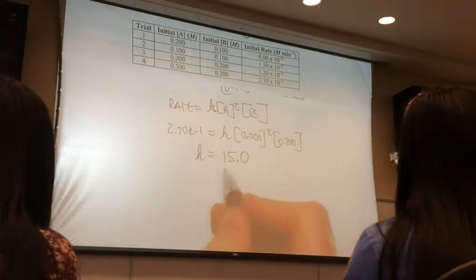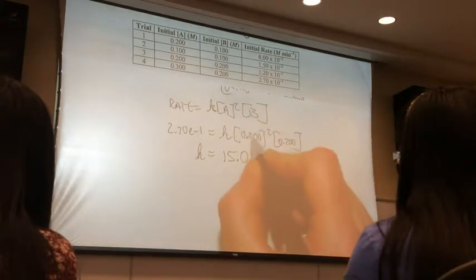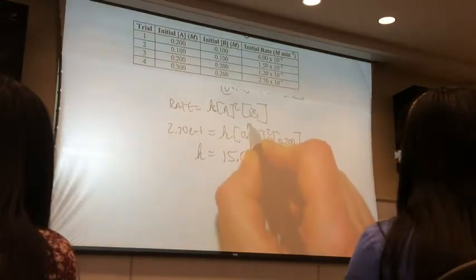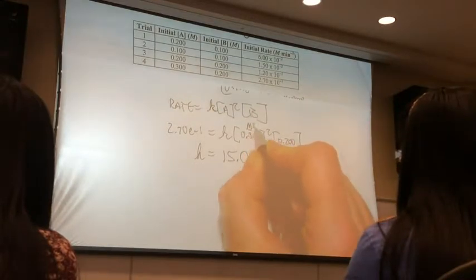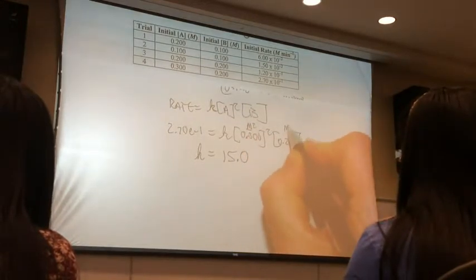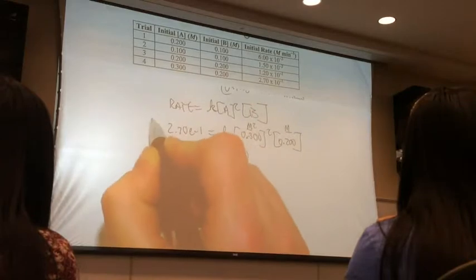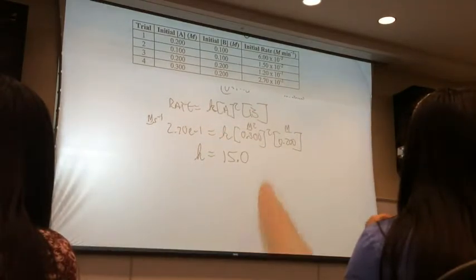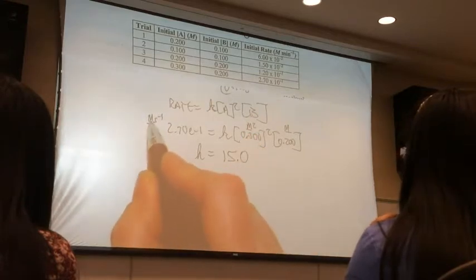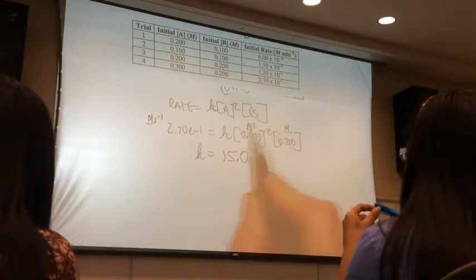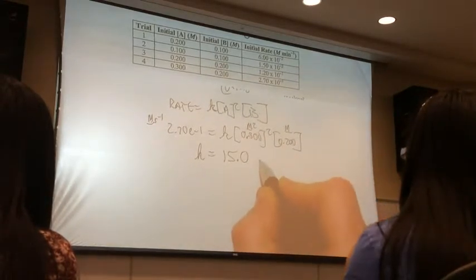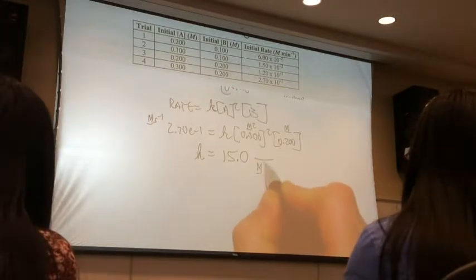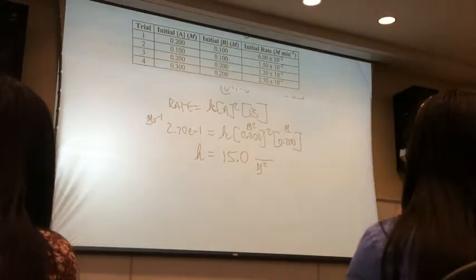And our units. So what you have here is you have molar squared, right? The unit here is molar, and the units over here are always molar per second. So the way to get just molar here is I've got molar cubed, so I need to have molar squared in the denominator, right?